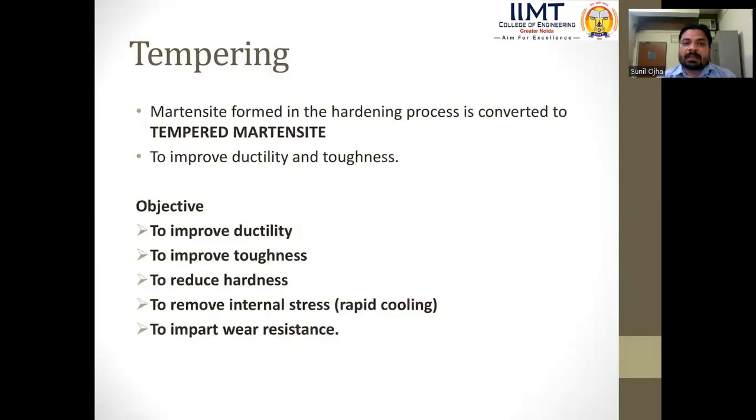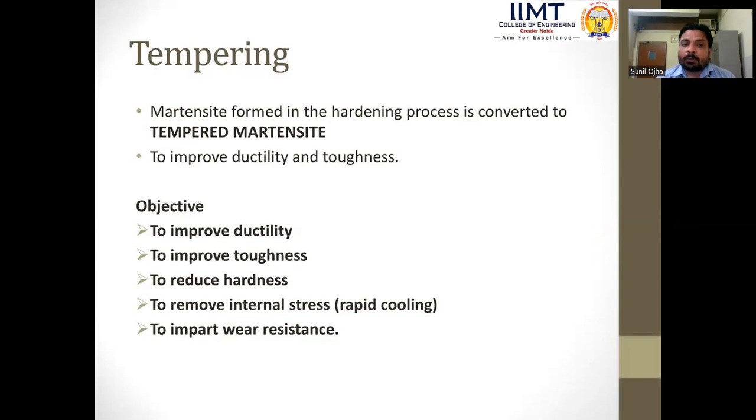In the hardening process, the martensite structure is formed. Further, we have to improve the toughness of the material. So martensite formed in the hardening process is converted into tempered martensite to improve the ductility and toughness of the material.